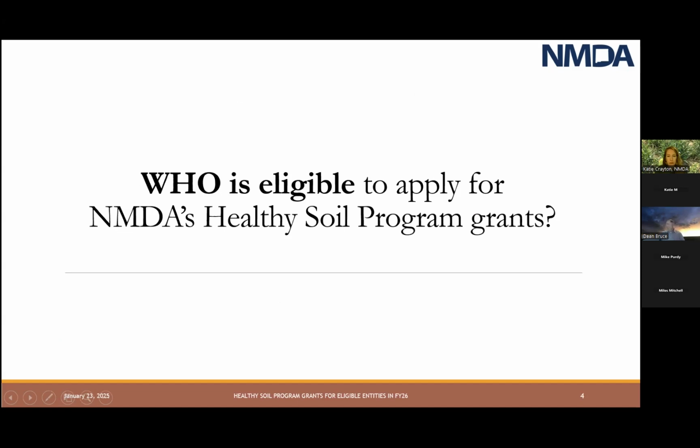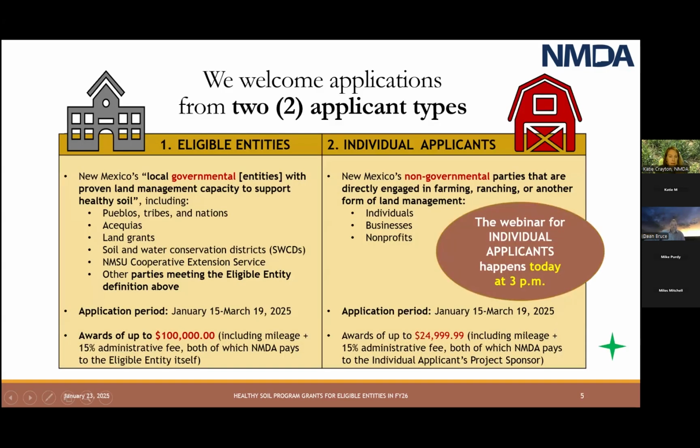So first things first, who is eligible to apply for NMDA's Healthy Soil Program grants? If you'll join me in really focusing on the left-hand side of the screen there, hopefully you're here as an eligible entity. Those are defined in state law as local governmental entities with proven land management capacity to support healthy soil.